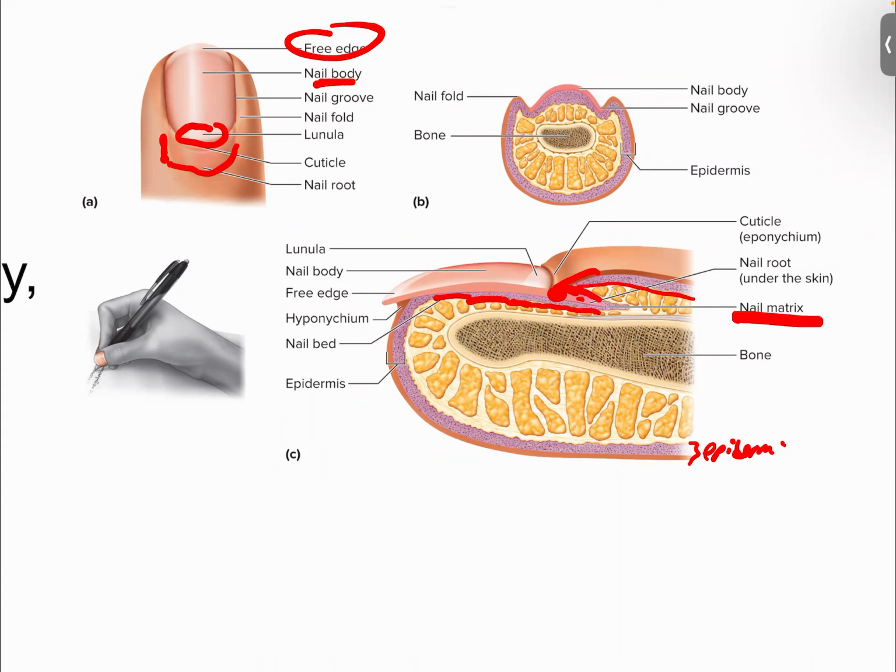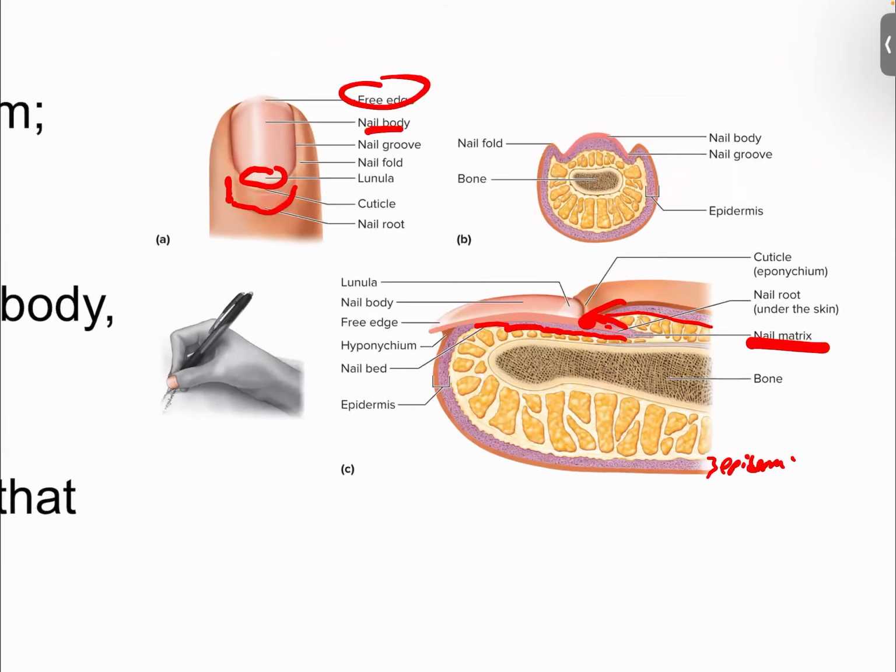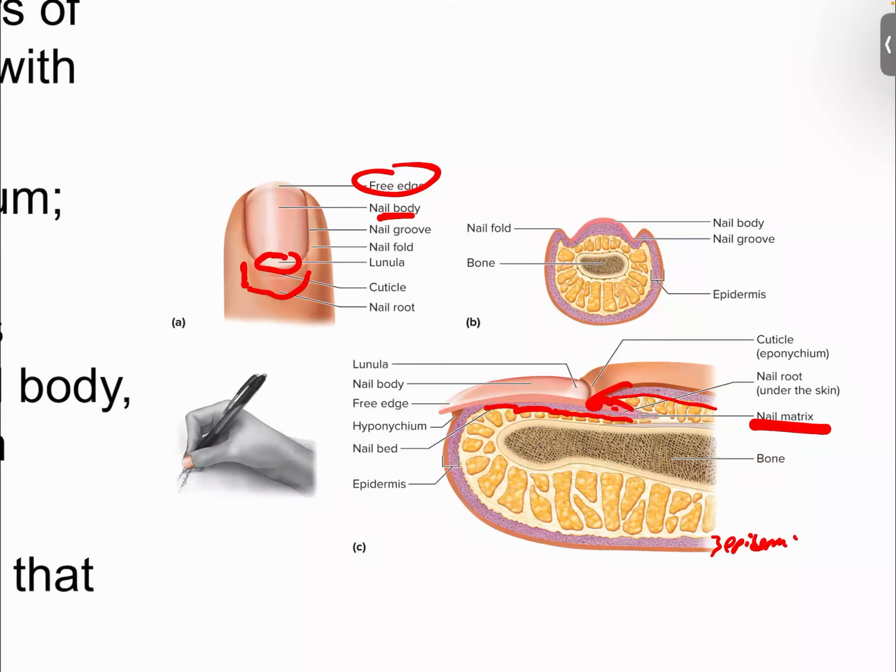So what you do is a little bit of a fold over. You take it, bend it around, and continue it on. So you have this little fold over part of your cuticle, and then you have your nail bed underneath that little fold. That's how you grow new nail, you grow it at this particular point.